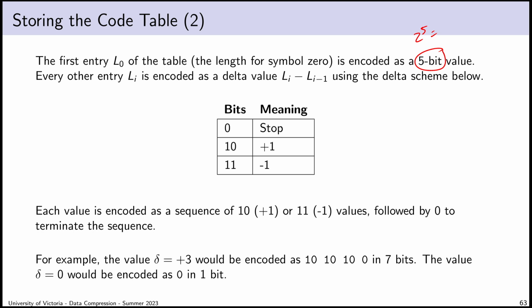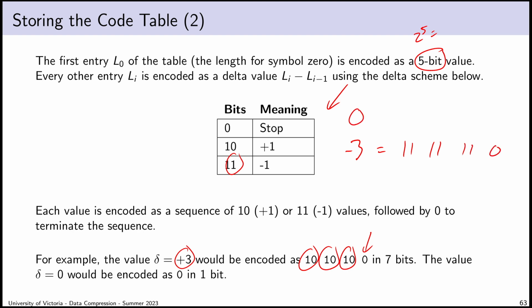So to encode my delta values, I use this very simple delta compression scheme, which is I need to be able to walk both up and down. The deltas could be negative, they could be positive. And so I encode delta by counting it off. If I want to encode the delta value +3, I would do +1, +1, +1, and stop. If I want to encode -3, I would do -1, -1, -1, and then stop.